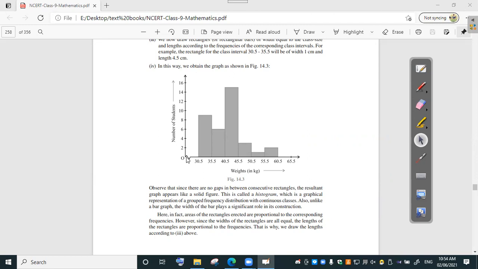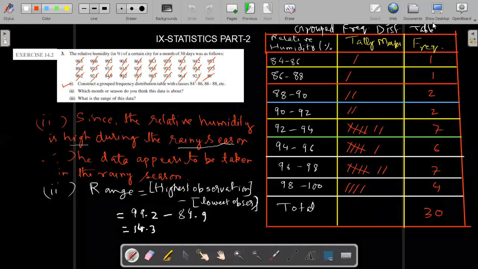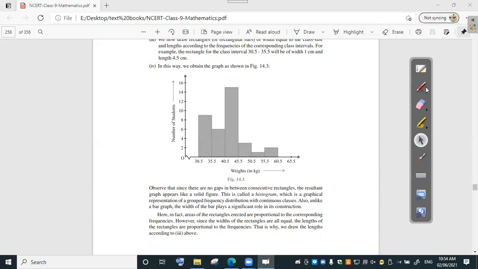See why we are using this kink: because you can see that the graph is starting from 0.